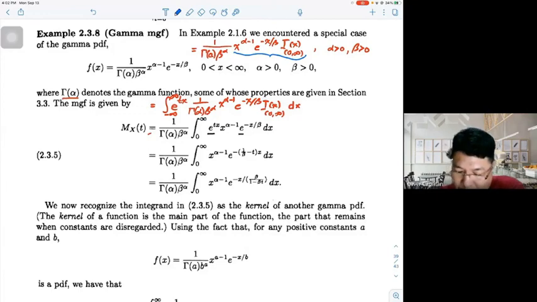So, simplifying what is inside our integral sign, then we have this. Okay, so x to the alpha minus 1 and then e to the negative of the quantity 1 over beta minus t, times x, dx. And then furthermore, we can simplify it in this expression. Okay.